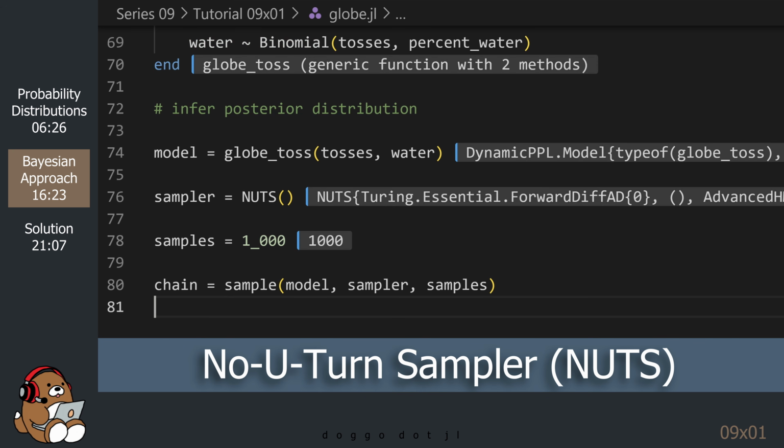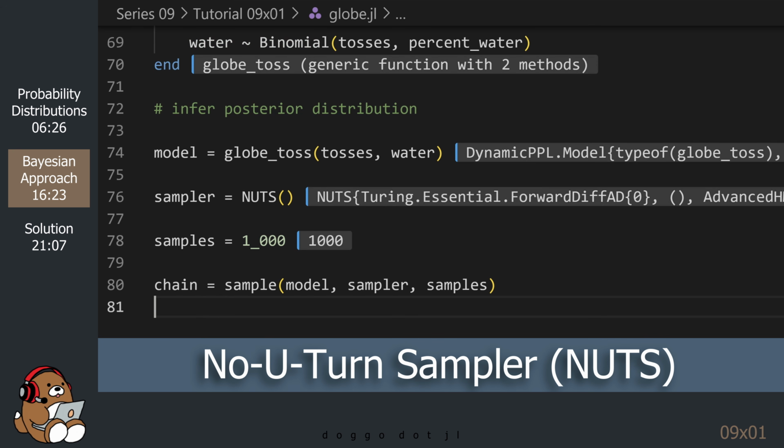The sampler that we're using in this example is named NUTS, which stands for the No U-Turn Sampler. We'll learn more about this particular sampler and about the various other samplers available in the Turing.jl package later in the series. In this example, we're taking or drawing 1,000 samples.